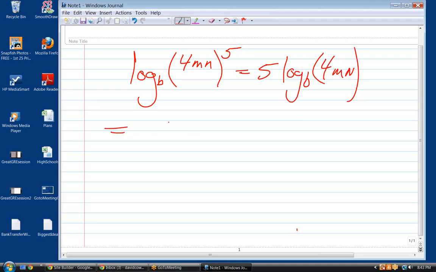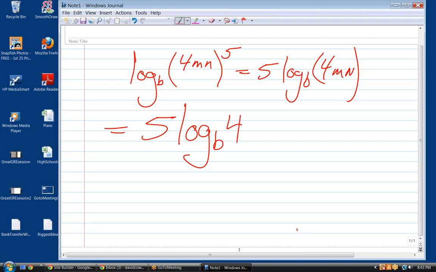Okay, so now we're going to have 5 log base b of what? Well, we've got the 4.